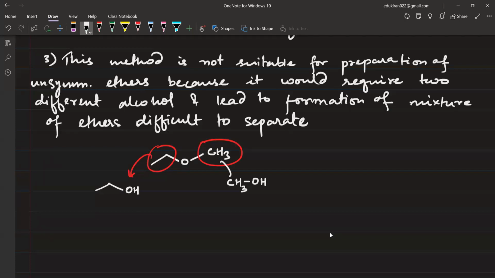I want to make an unsymmetrical ether. I've taken an example. So if I have unsymmetrical ether, I will be having different alkyl groups on either side of oxygen. That is why I will be needing 2 different alcohols. Got it? Yes. Now let us try to react this.